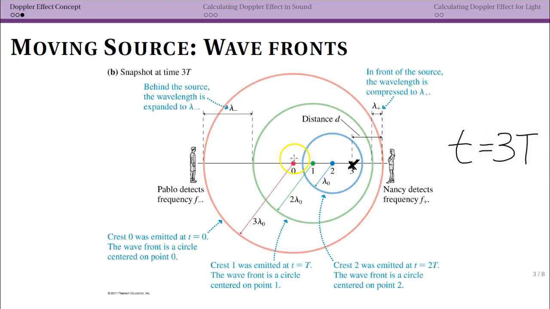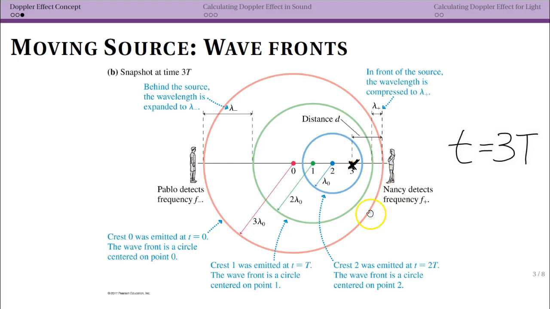When the source was here, we had a crest, but it's had 3 periods to expand. Based on the relationship between wave speed, and notice that in this case wave speed and source speed are two different things, it has been able to expand out 3 wavelengths.